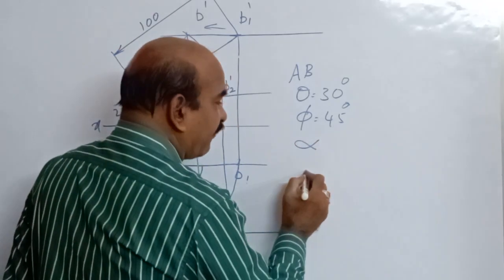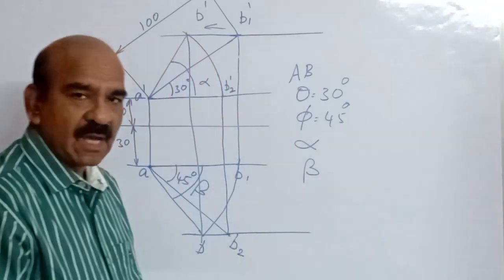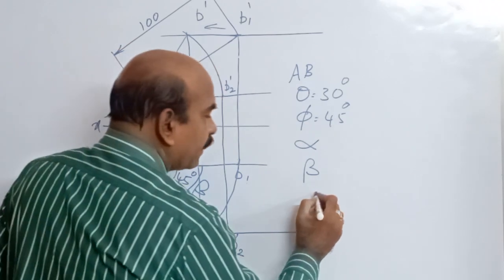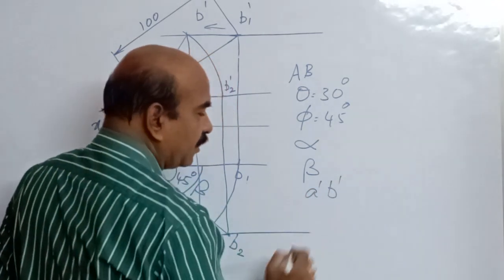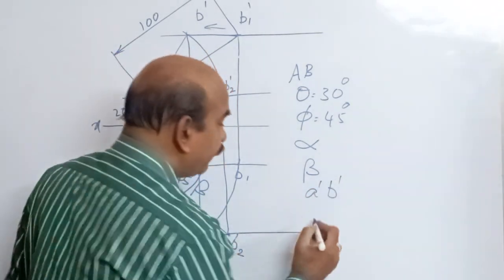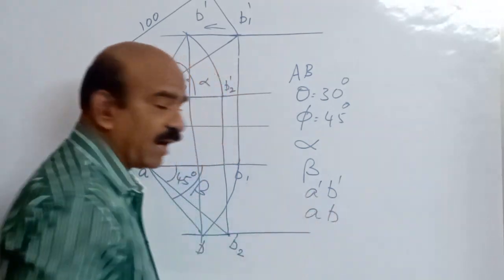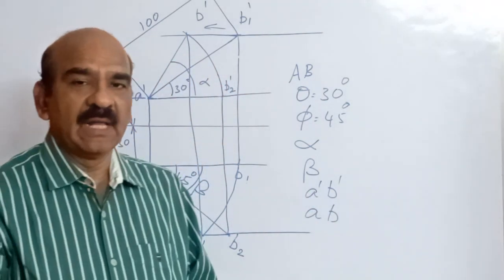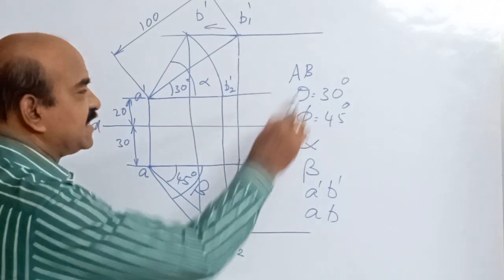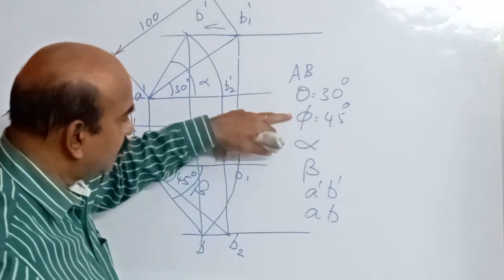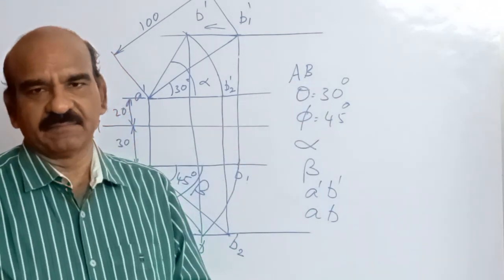We find out alpha, beta, and also A dash B dash, the final front view, and AB, the final top view. How many parameters? 7 parameters are there here.